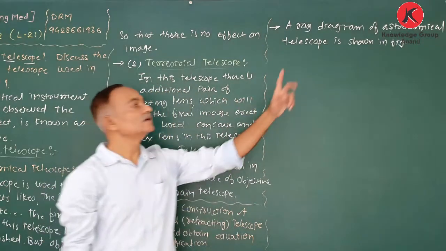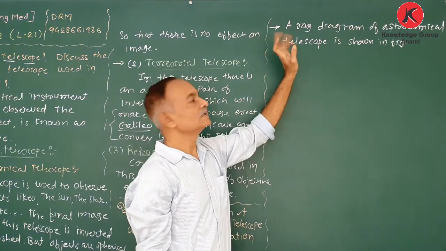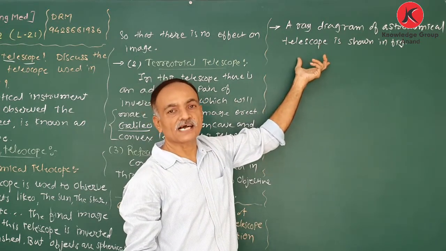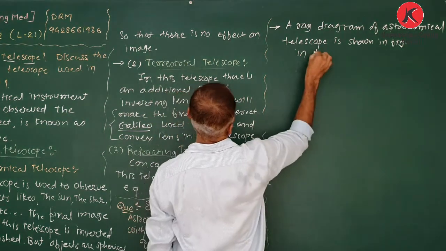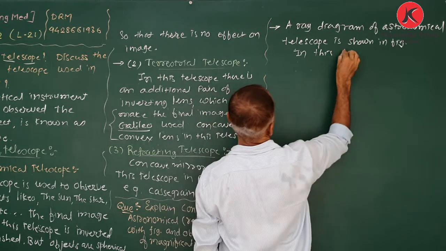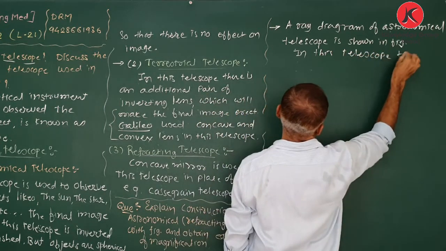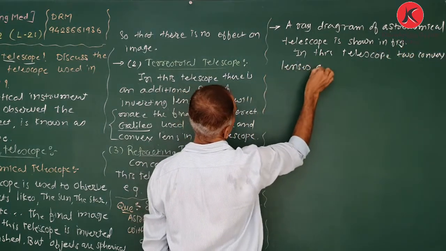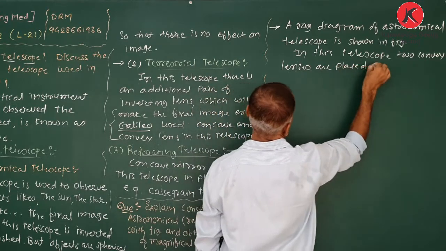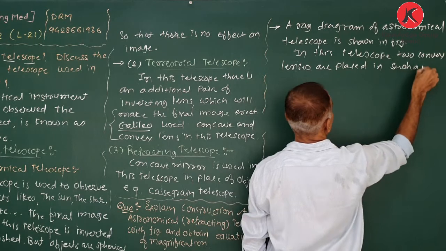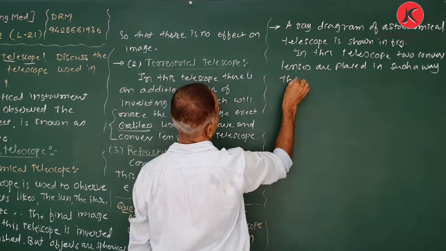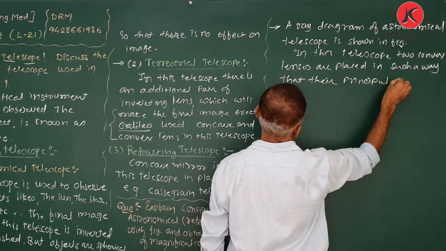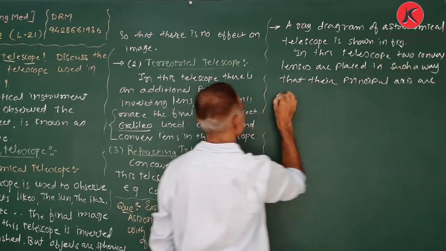In this telescope, the two convex lenses are placed in such a way that their principal axes coincide.